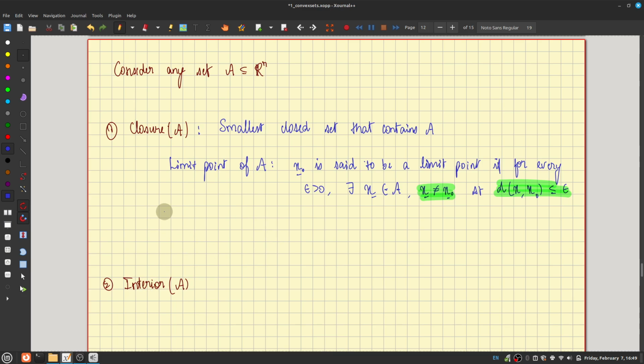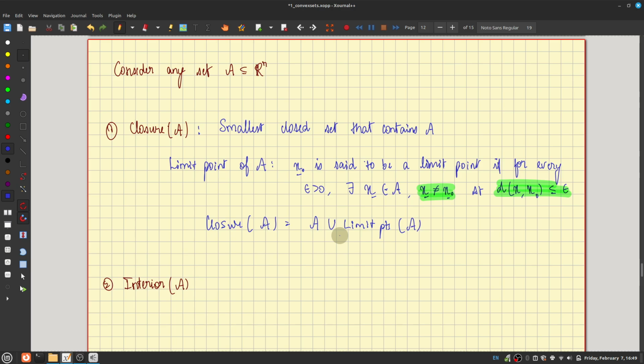So let's try to break that down. Basically, the closure of A is simply A union the limit points of A. That's how I'm going to define it.